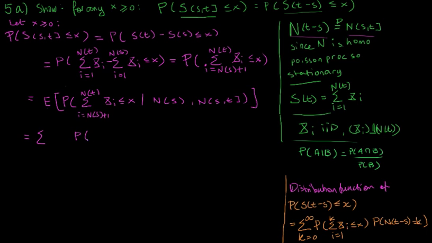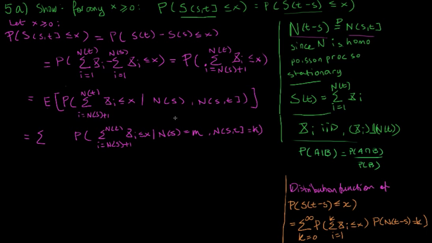So what we have inside here is this thing for xi equal to x, given N of s is equal to, let's just say, m, and the increment from s to t equal to, let's say, k.